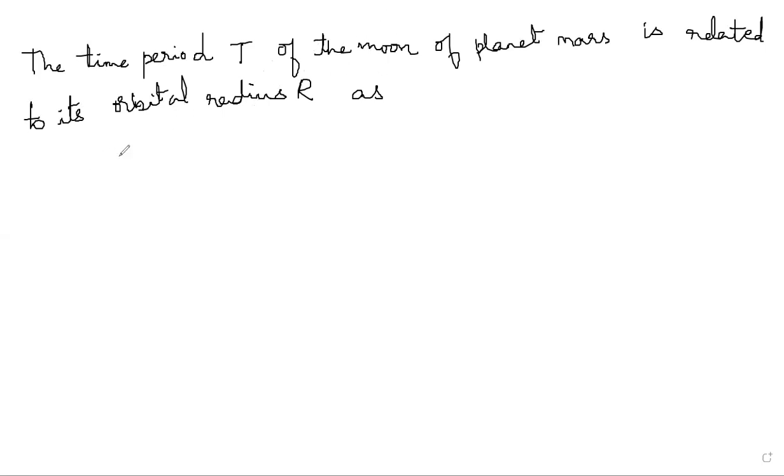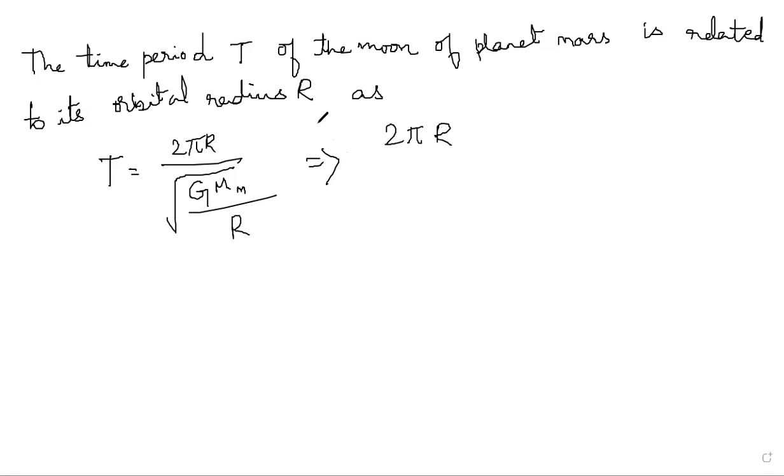So the formula for time period is T is equal to 2 pi R divided by root of GM by R. So finally I can write this as 2 pi R to the power 1 minus 1 by 2, divided by root GM.